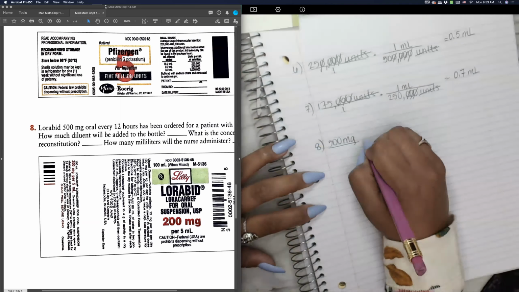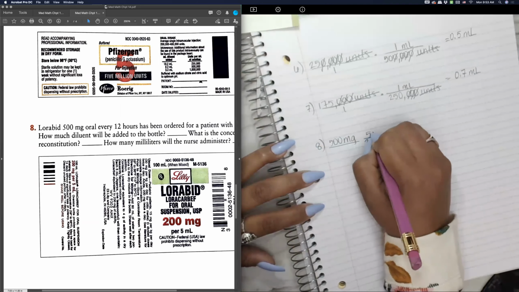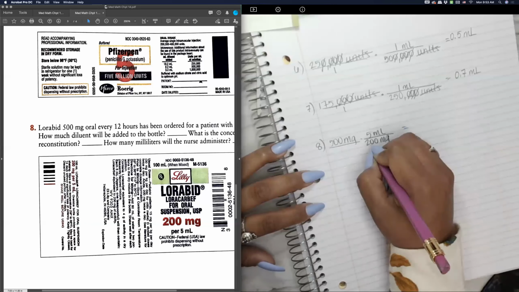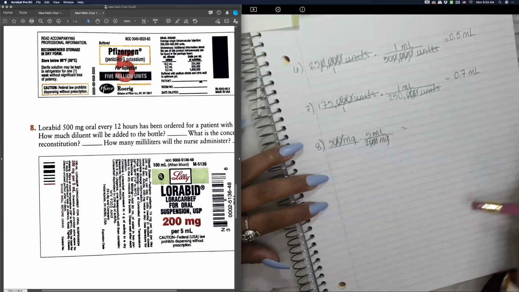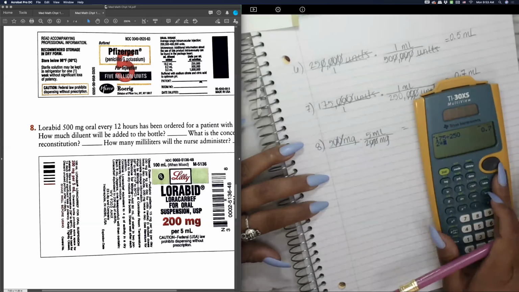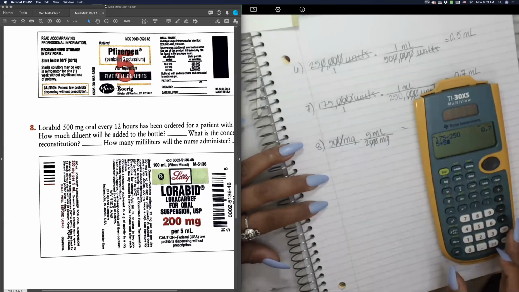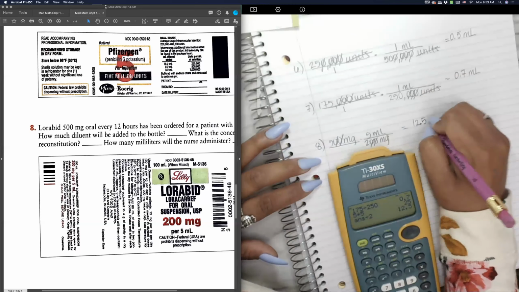It's 200 milligrams per 5 milliliters. So cancel our zeros. 5 times 5 is going to give us 25. And then we're going to divide by 2. That's going to give us 12.5 milliliters.